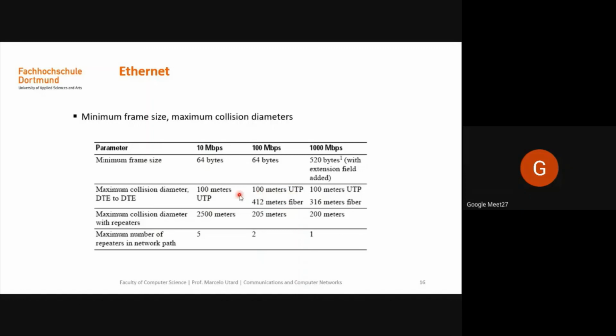That is, the coaxial cables, or the UTP cables, or the fiber cables.